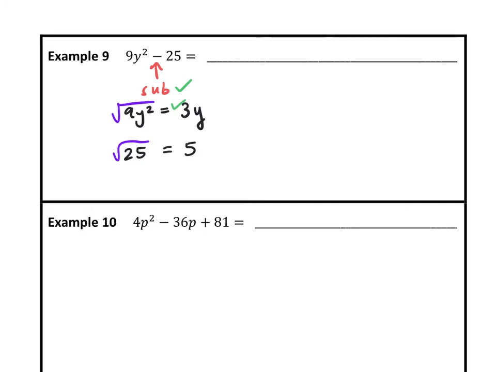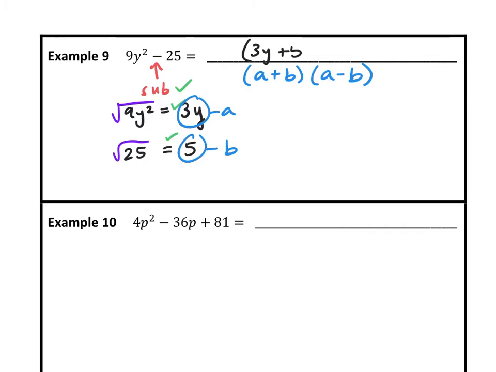Yes, that's 5. Okay, so everything checks off. This is my A, this is my B. So I'm going to do A plus B times A minus B. So it's going to be 3y plus 5 and 3y minus 5. And so this is my answer.